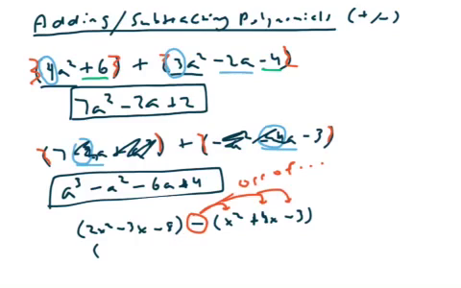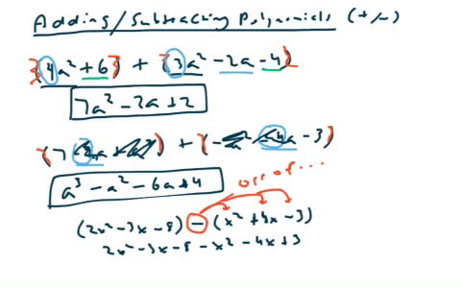So this stays as 2x squared, negative 3x, negative 8. I don't really need this front parentheses anymore. There was nothing going on there. But this back one, now I want to say opposite of x squared. Well, that would be negative x squared. Opposite of positive 4x, which would be negative 4x. And then opposite of negative 3, which is positive 3.